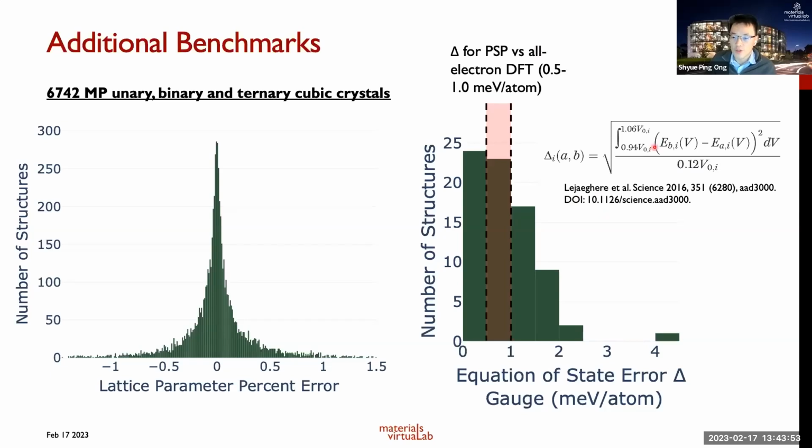And when you look at that, the pseudo-potential codes usually get within about 0.5 to 1 meV per atom of the all-electron DFT equation of state, right? And what you notice is that M3GNet is achieving almost the same error relative to a pseudo-potential DFT code, okay? So in other words, the accuracy is extremely good, all right?